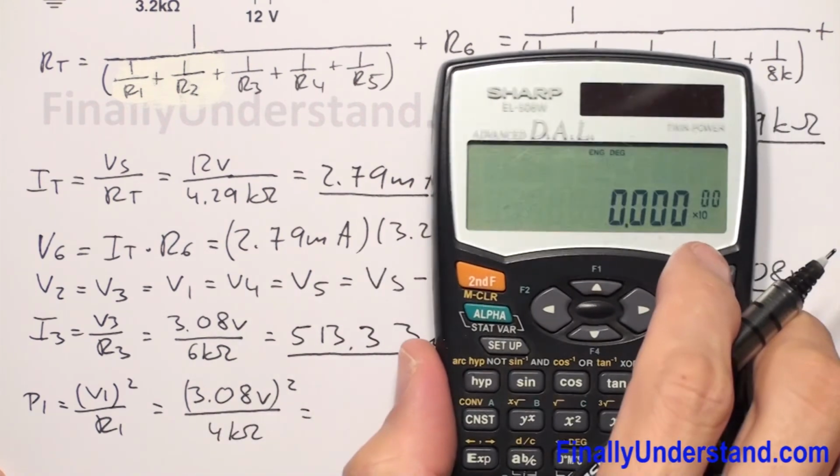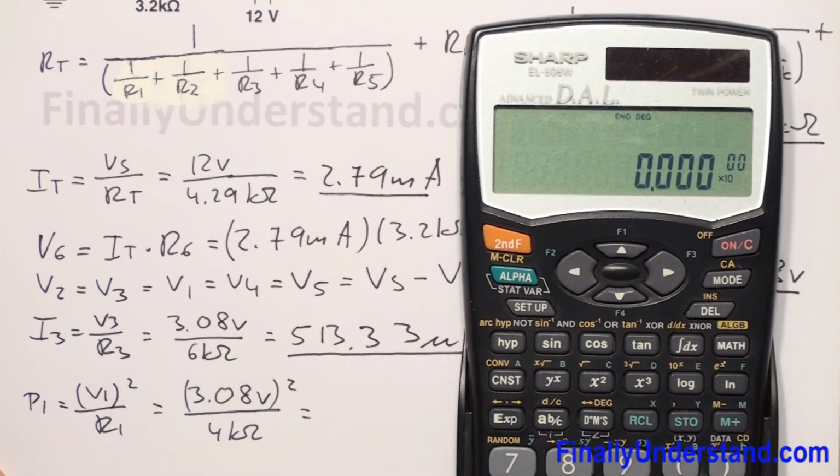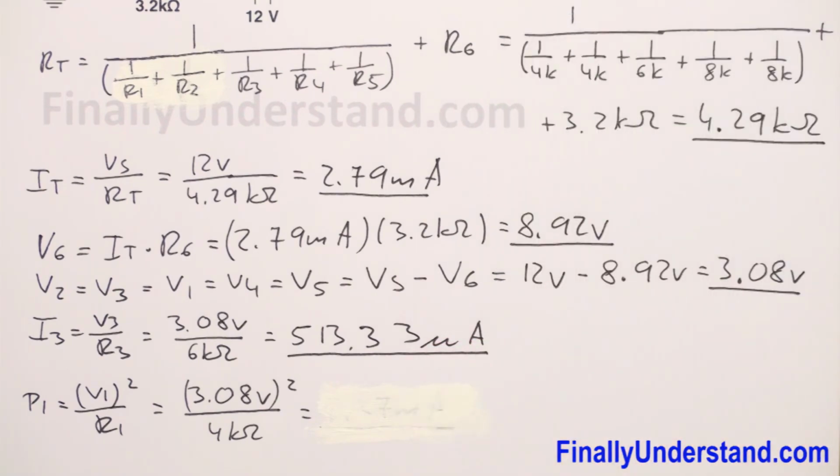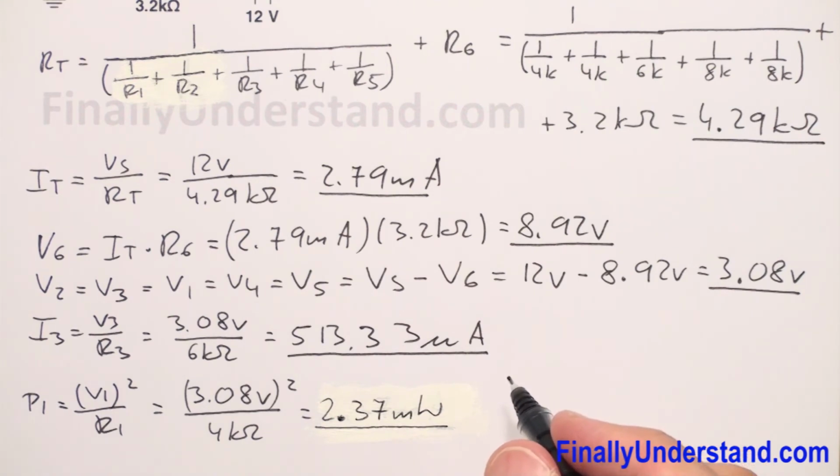This is 3.08 squared divided by 4 times 10 to the 3, which equals 2.37 milliwatts. And this is the power at resistor R1.